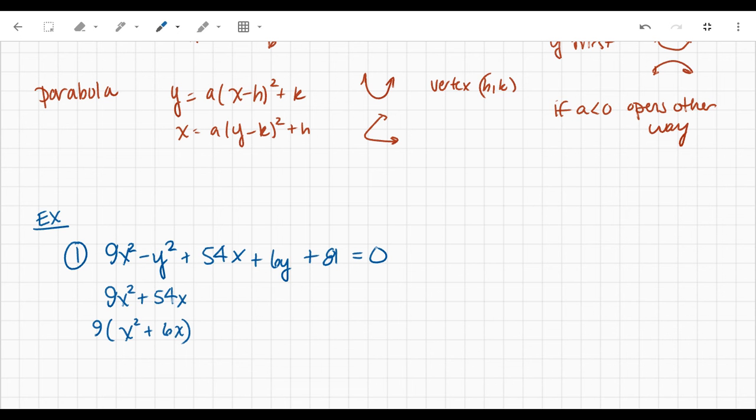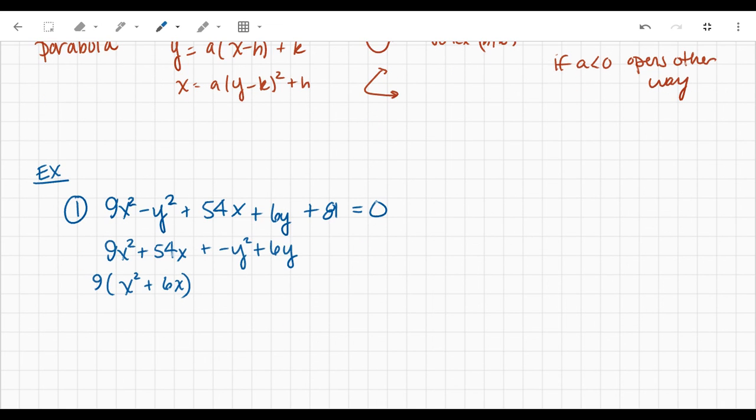Then we'll do the negative y squared plus 6y. Right away, we can see that this is going to be a hyperbola because it has an x squared and a y squared, and one is positive and one is negative. The trick here is we want to factor out a negative 1. Then we'll just get that 81 to the other side.